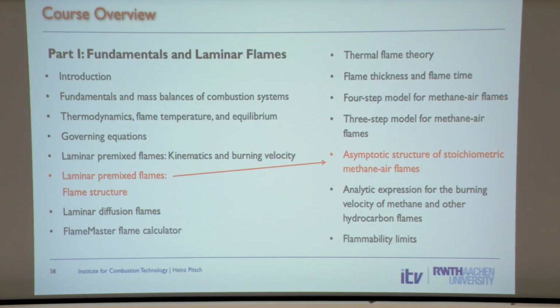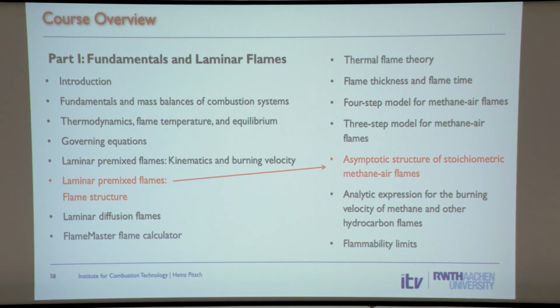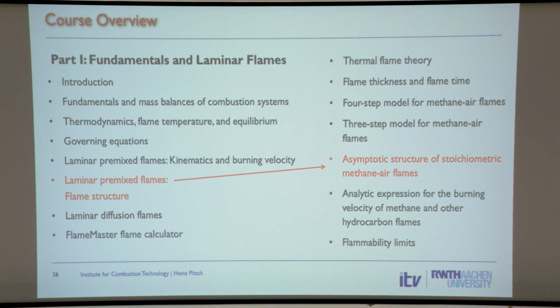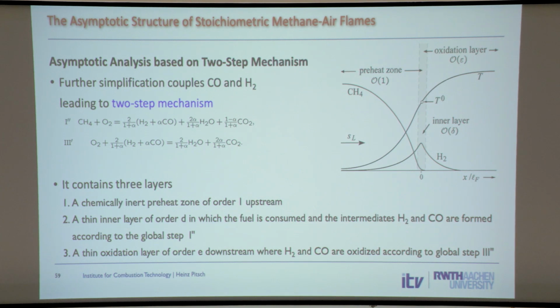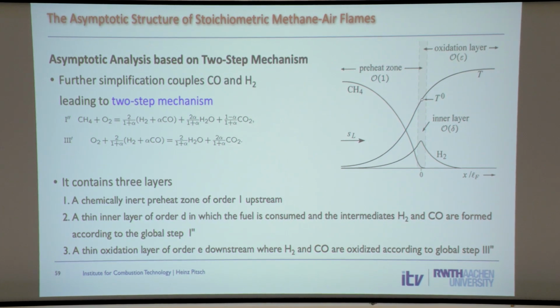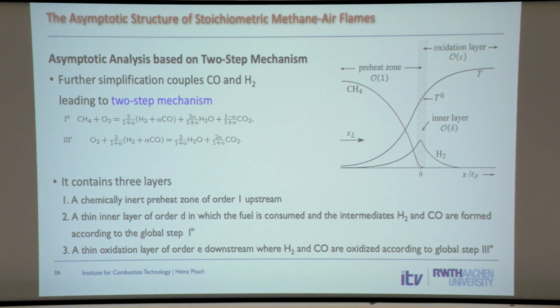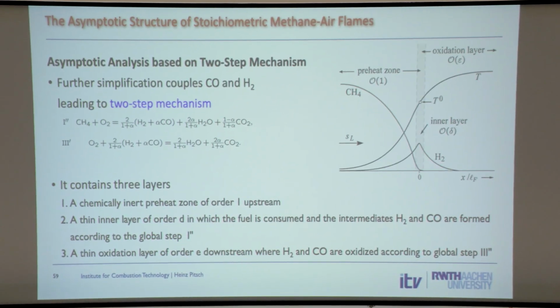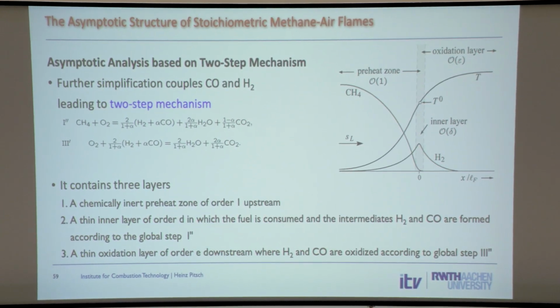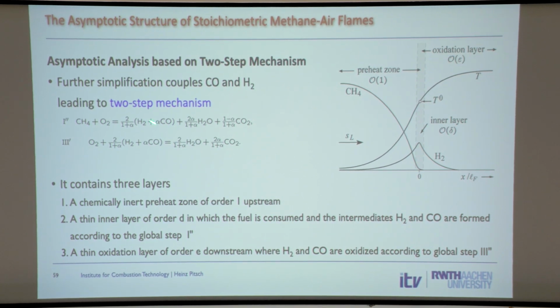Okay, so if we look at how the structure of a flame looks when we consider multi-step chemistry, even this 3-step mechanism is a little difficult to consider when it comes to mathematical analysis.